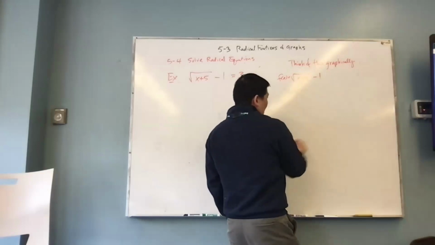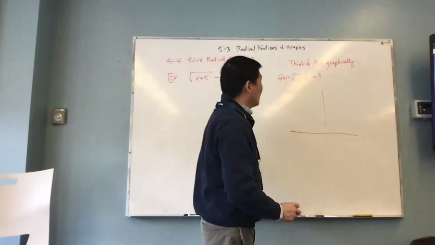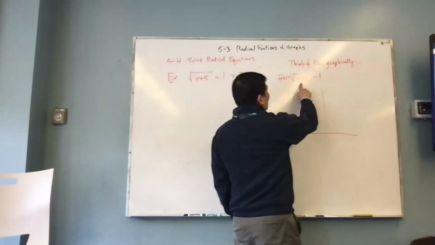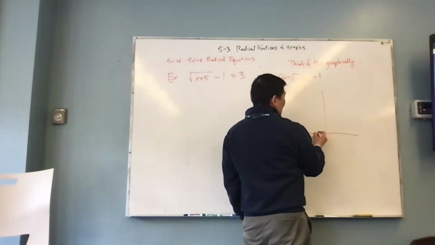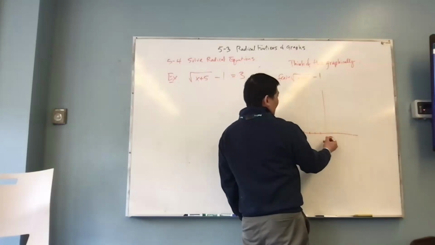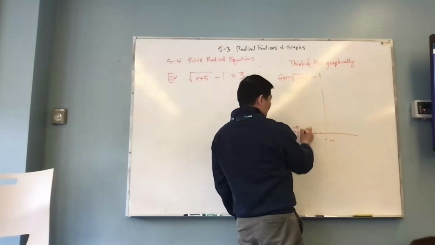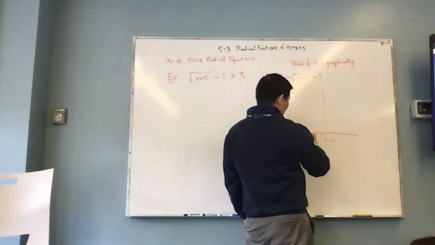We know already from today's lesson that this is super easy to identify. This is basically 1, 2, 3, 4, 5, -5, and then drop by 1, -1. And then your graph basically looks like this.